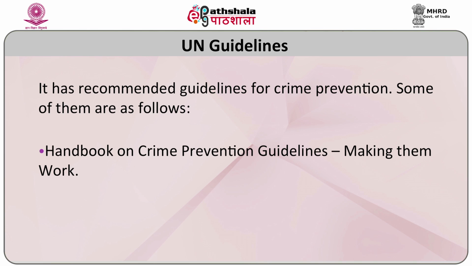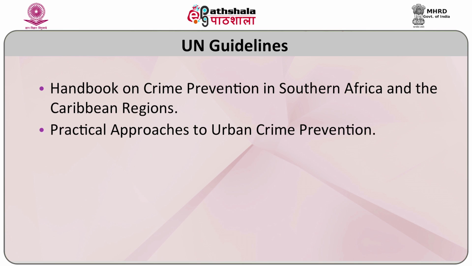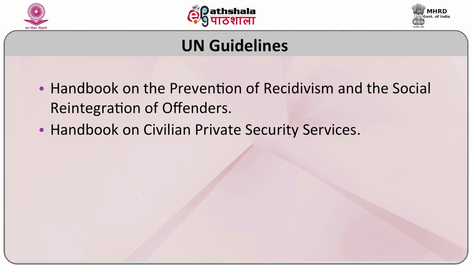Some of them are as follows: Handbook on Crime Prevention Guidelines, Making Them Work; Handbook on Prevention in Southern Africa and the Caribbean region, Practical Approach to Urban Crime Prevention; Handbook on the Prevention of Recidivism and the Social Reintegration of Offenders; Handbook on Civilian Private Security Services.